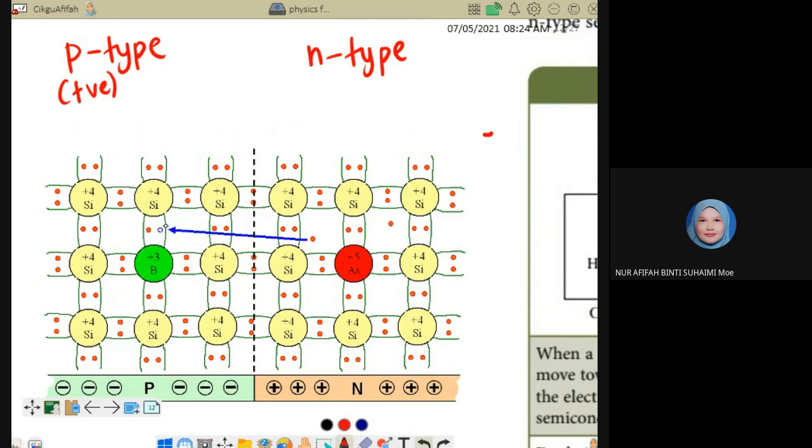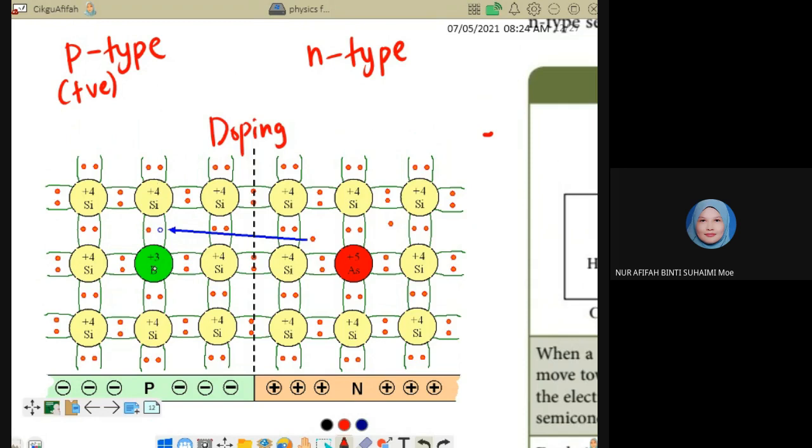Why does it have extra holes? Because we dope the silicon. We call the process of making p-type and n-type the doping process. We dope the silicon with a dopant, let's say here it is boron. Boron has 3 valence electrons, silicon has 4 valence electrons.